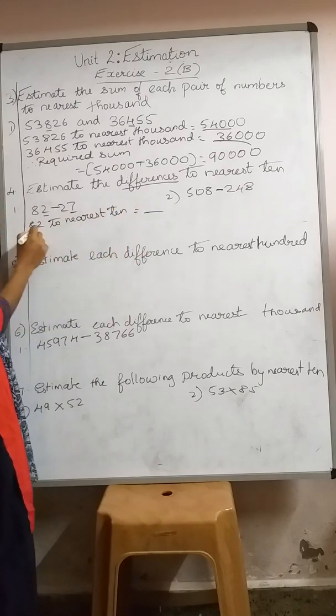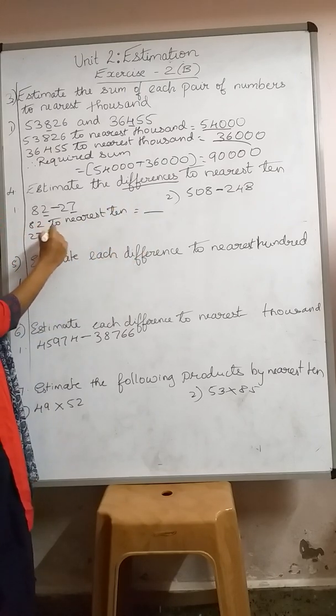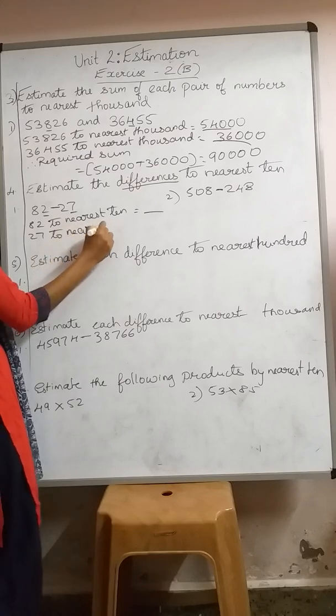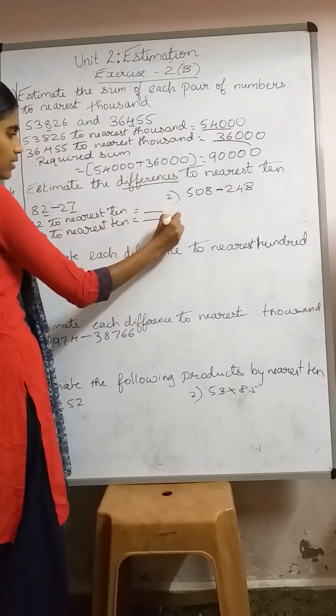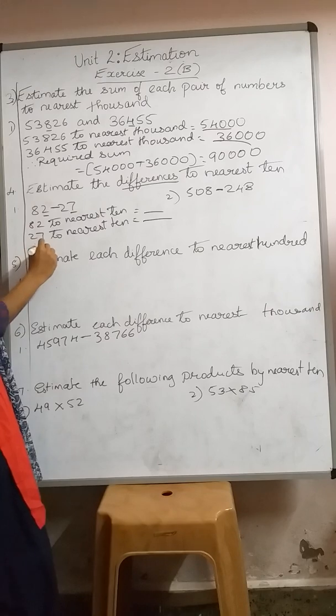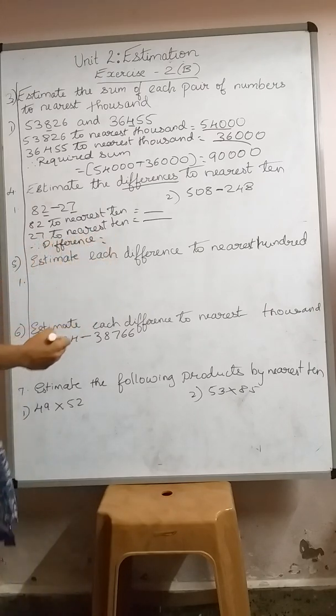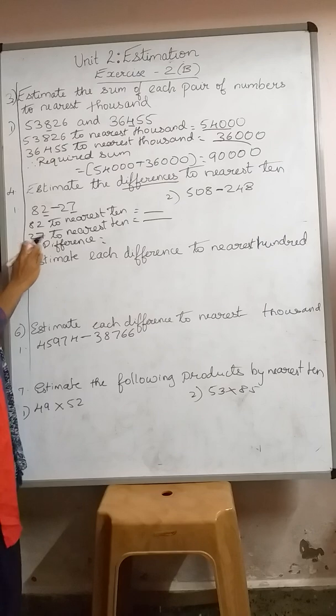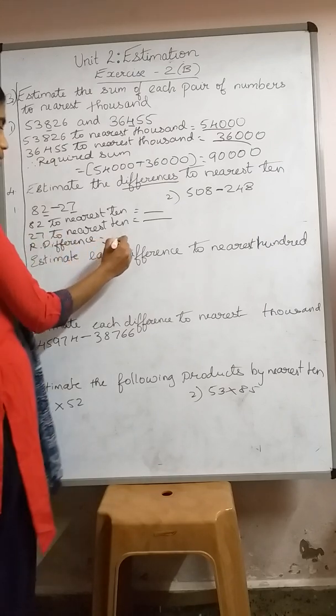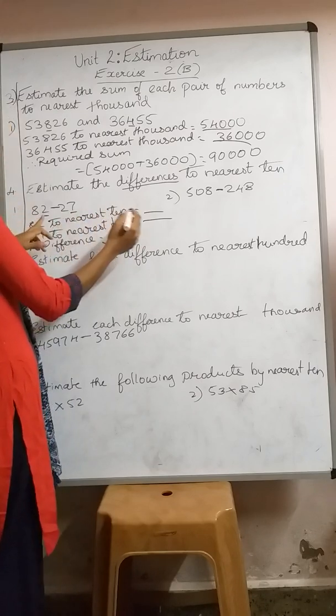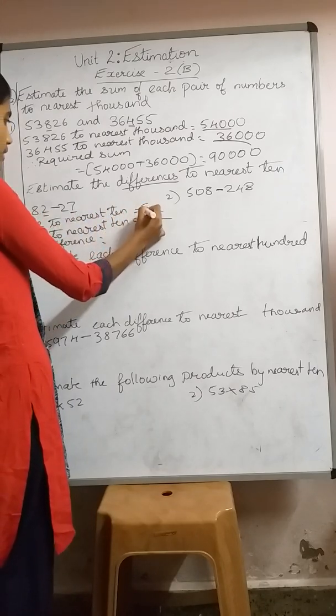Okay, let us do the same procedure, only we need to minus, subtract. Therefore, the difference. What is the difference we get? You can write required difference equal to how much? Less than 5 now, 80.